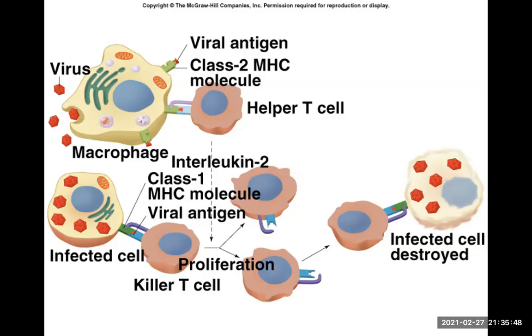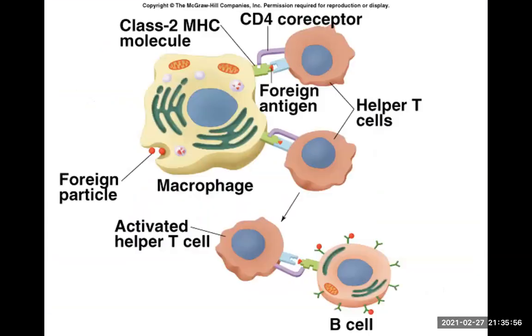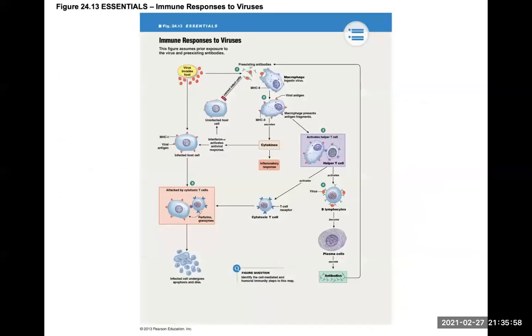Your body's immune system response to a viral infection or invasion would be as follows. The assumption in this example is that the antibodies to the virus already exist in your body.